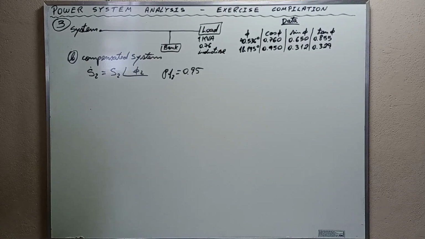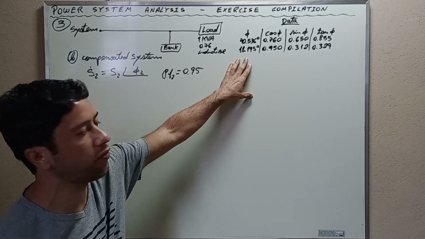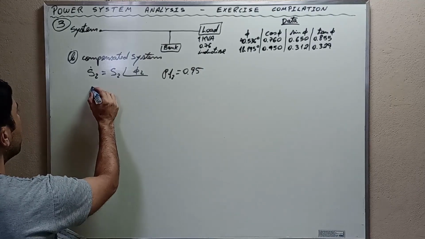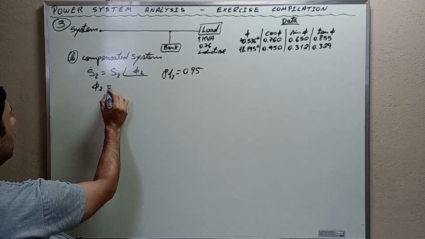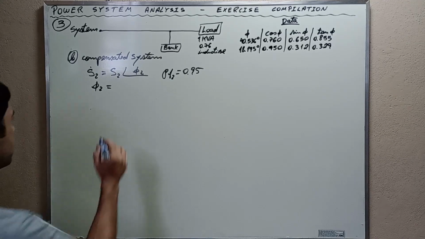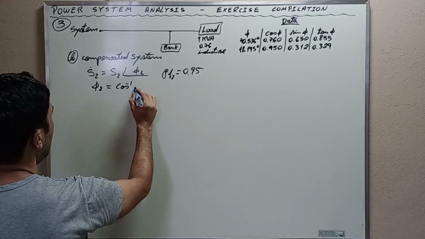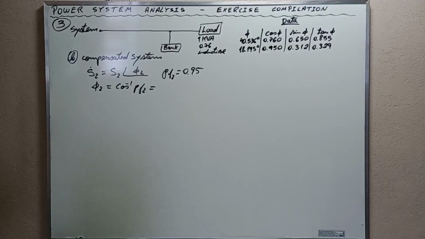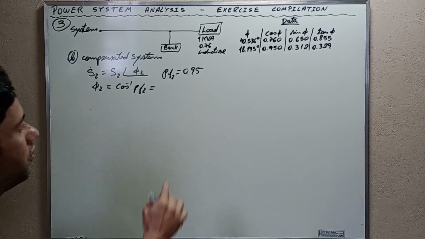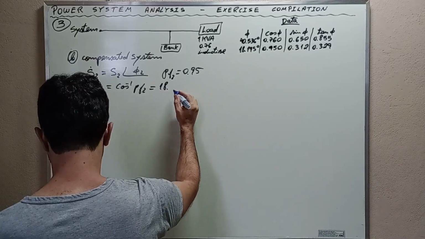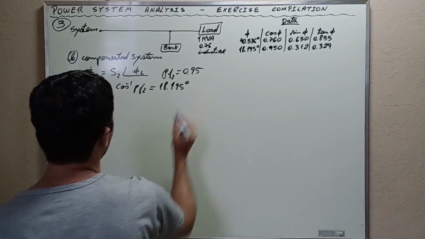As the exercise already provided this, we could not use a calculator in this exam, and to facilitate us, the exercise provided this data here. And as the exercise provided, the angle phi 2 is equal to the inverse cosine of power factor 2, and this is equal to 18.195 degrees.